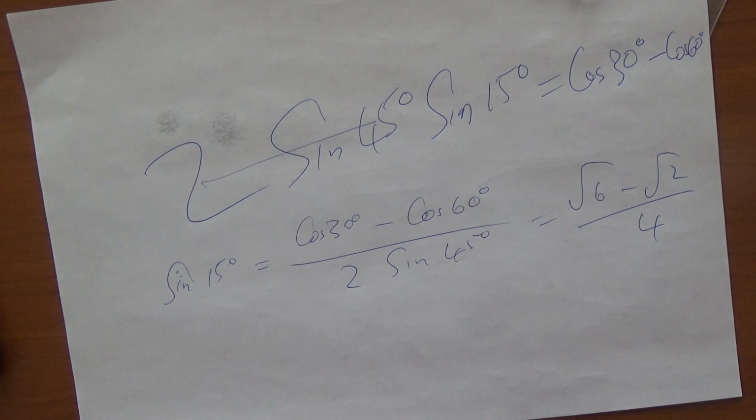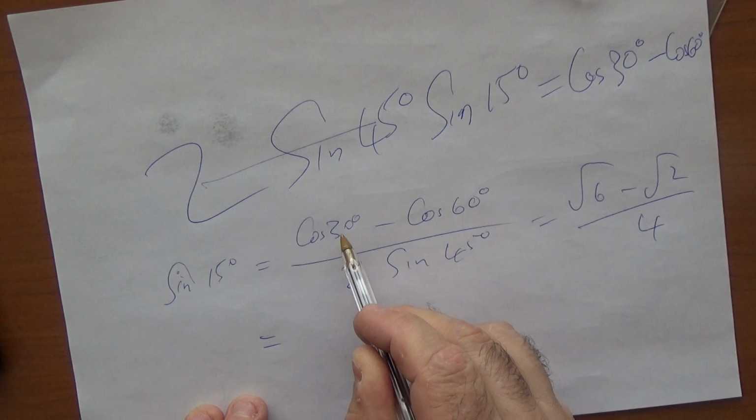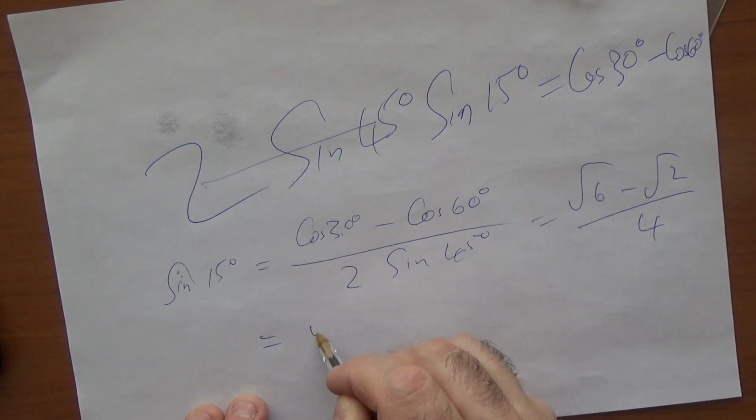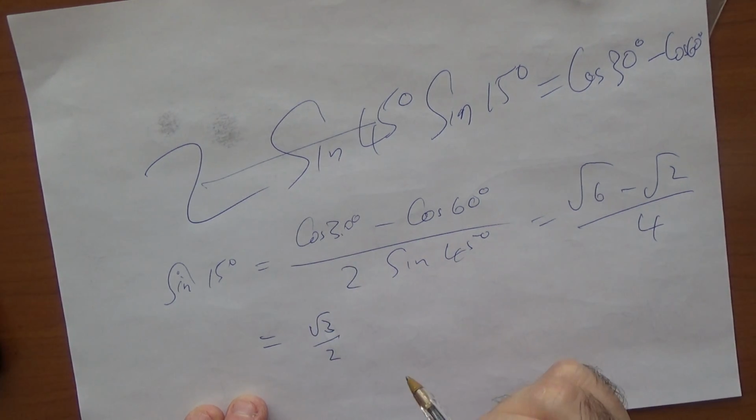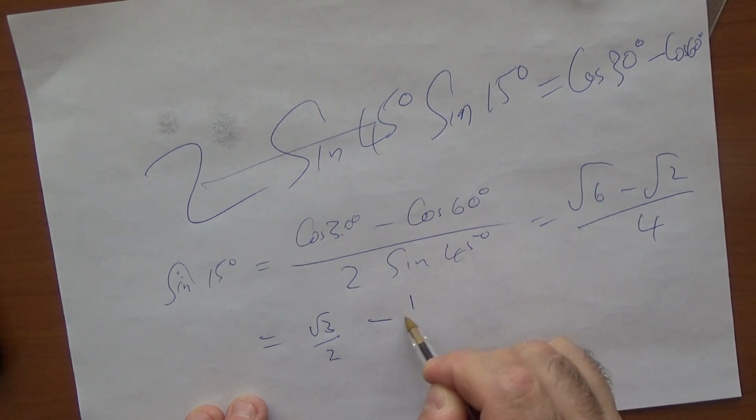some arithmetic. Lovely, lovely arithmetic. So cos of 30 is the messy one, minus the cos of 60 is the clean one.